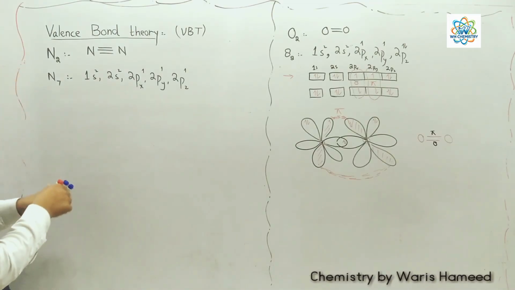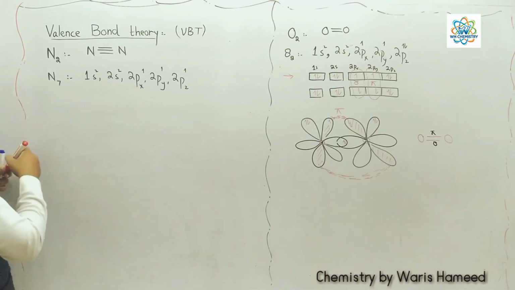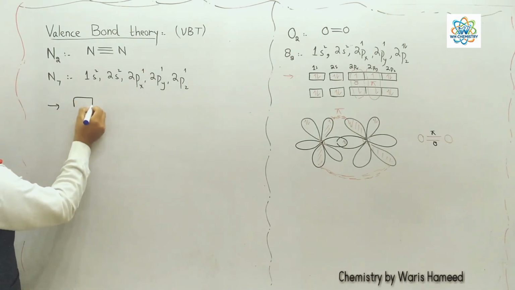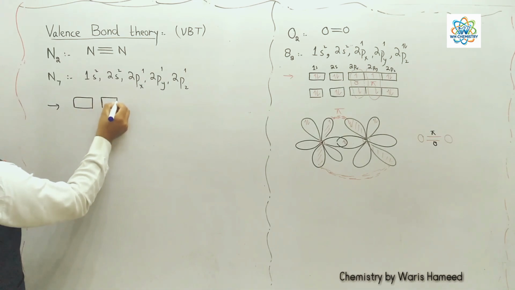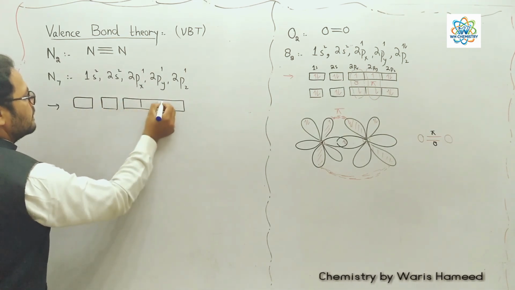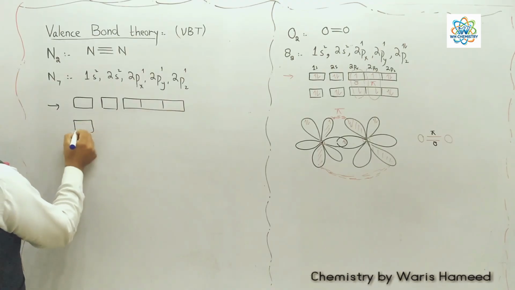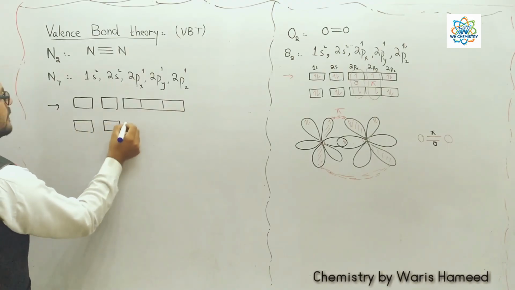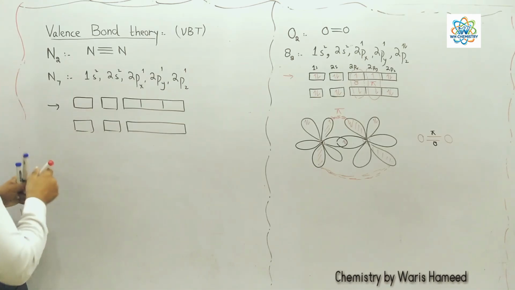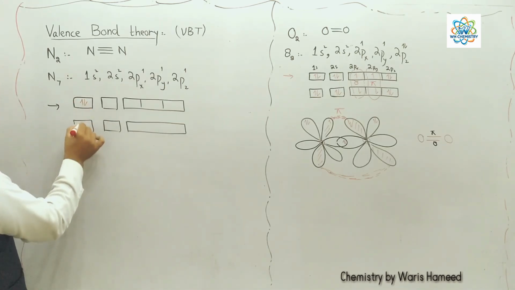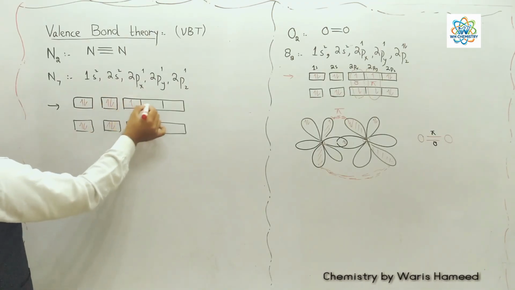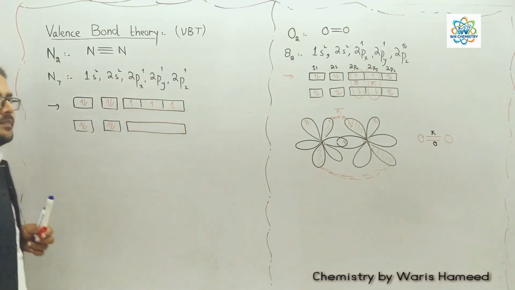Now their overlapping form: these are the atomic orbitals of one nitrogen atom, and here are the atomic orbitals of the second nitrogen atom. 2 electrons in the first s, 2 electrons in the second s, 1 electron and 1.